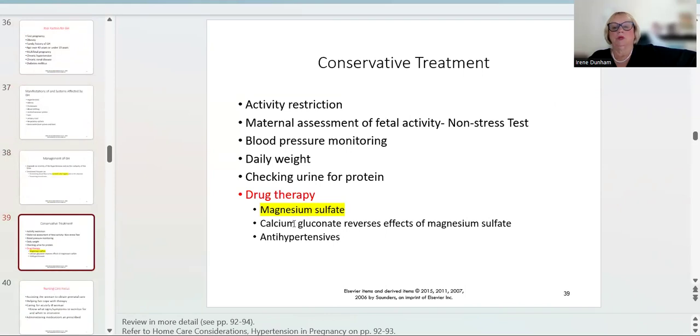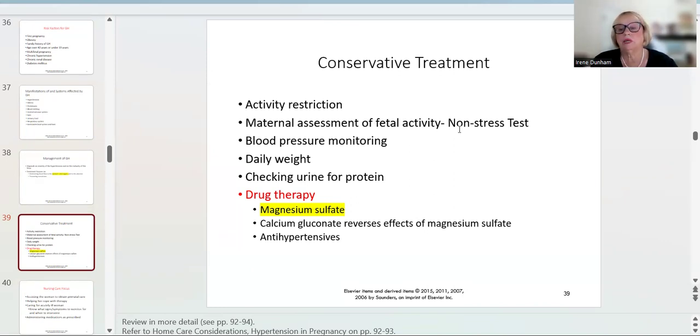So magnesium. All right, you got it. Got magnesium sulfate. We talked about calcium gluconate already. It does reverse the effects of magnesium sulfate. And in some cases, we have given labetalol to these kind of patients, and if they don't respond with their blood pressure going down, we have to do that. We're going to keep an eye on the fetus.